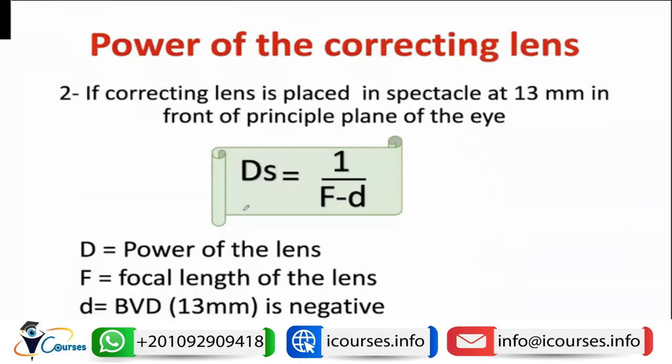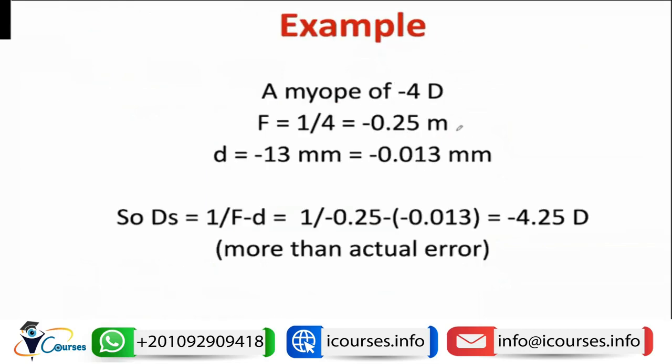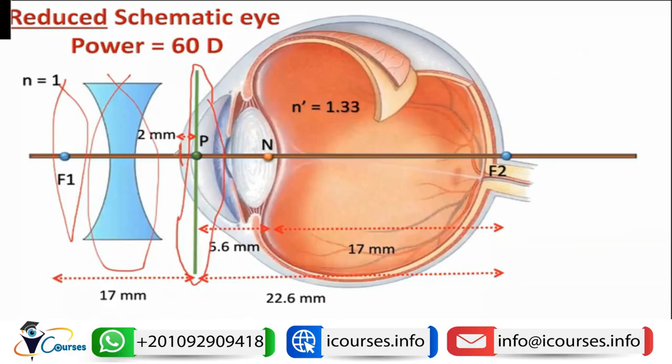So what shall we do? If we have a correcting lens that is present in the spectacle plane, the spectacle plane itself is 13 millimeters in front of the principal plane of the eye. So here we have the principal plane, and this is the F1.